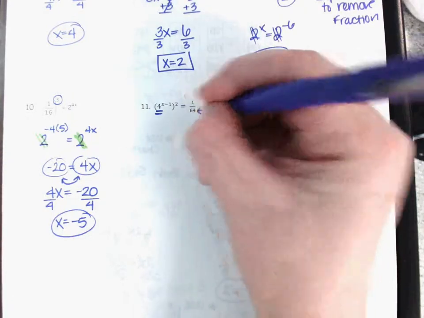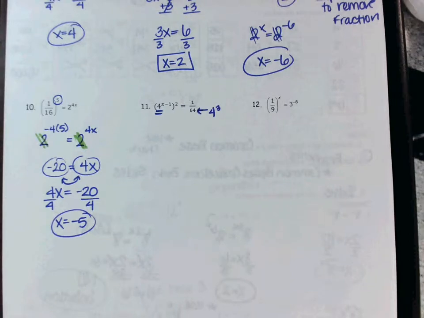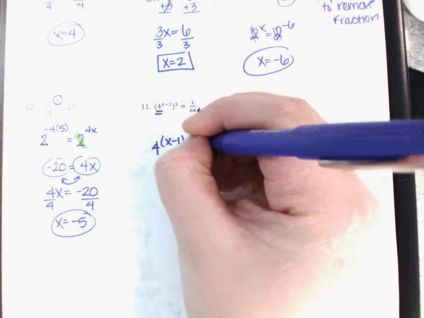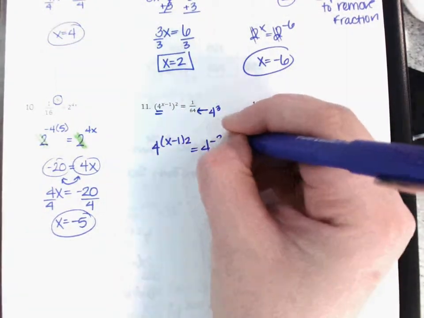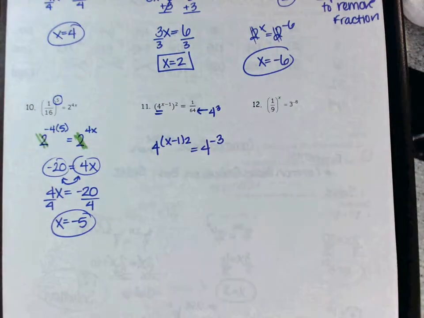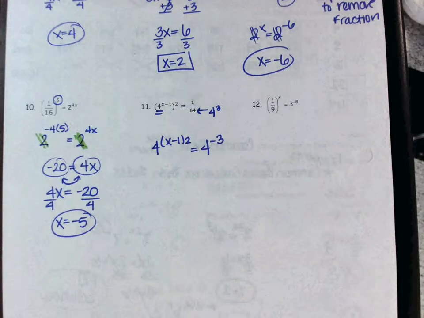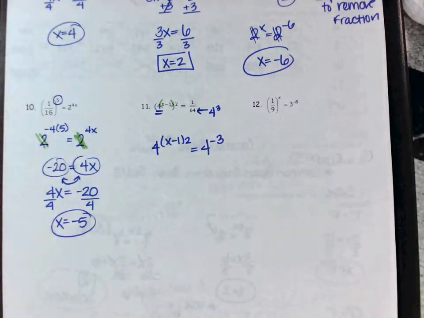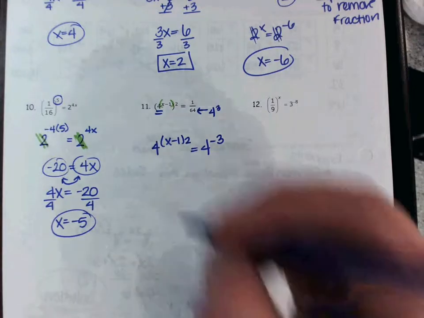Okay, however, where is 4 cubed? It's on the bottom. So in order for me to move it up, I have to make it a negative. Good. So 4 to the minus 3. And then remember that right here, all I'm doing is I'm taking the parentheses and I'm grouping the guys that were inside. Okay?